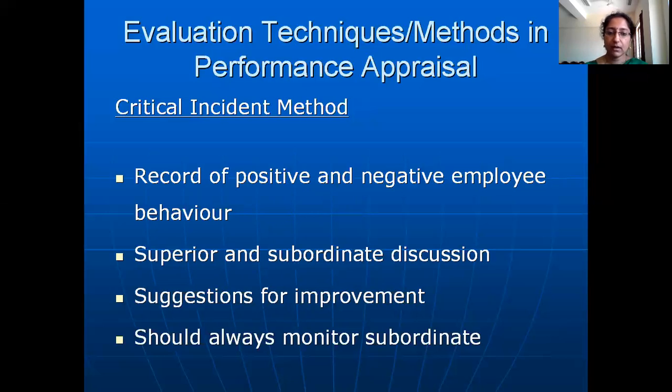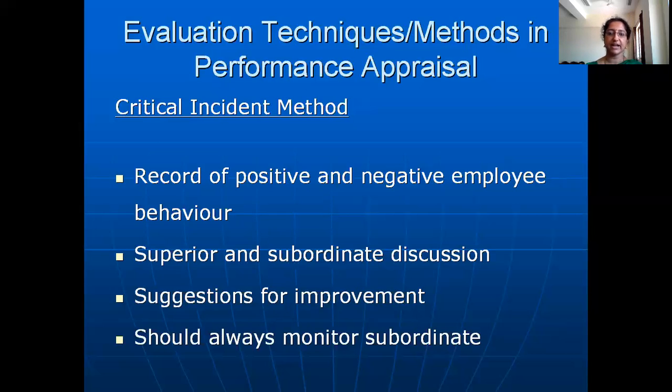Now, another unique feature of this critical incident method is that your rating of the employee will be based on how they have been over the past 6 months. Many times, a mistake that raters make is they rate the employee based on their most recent behavior and recent performance.